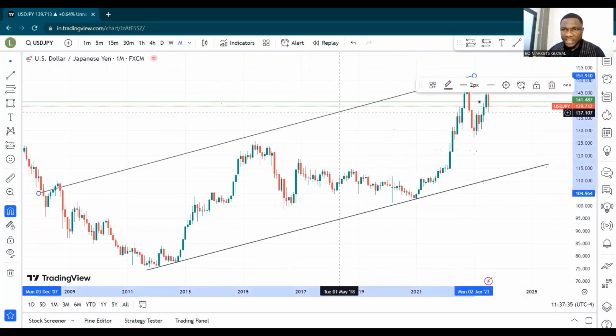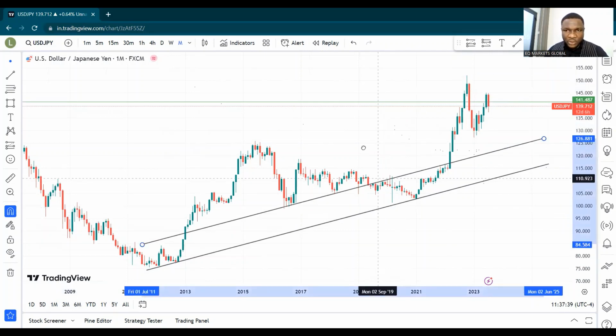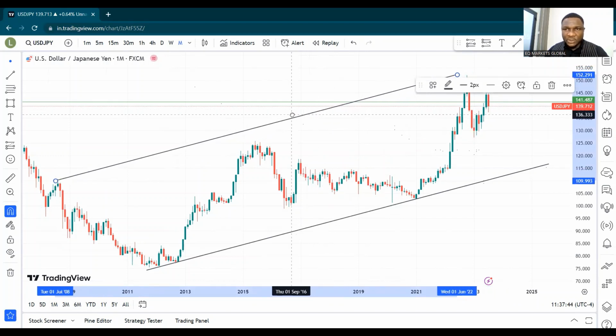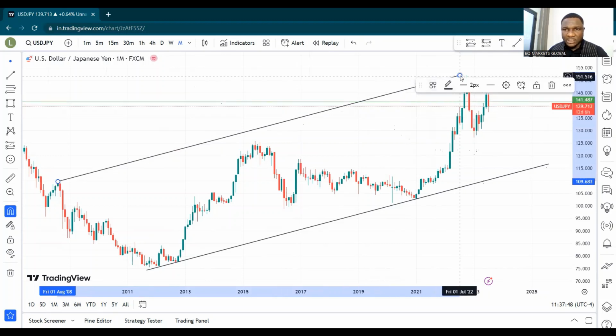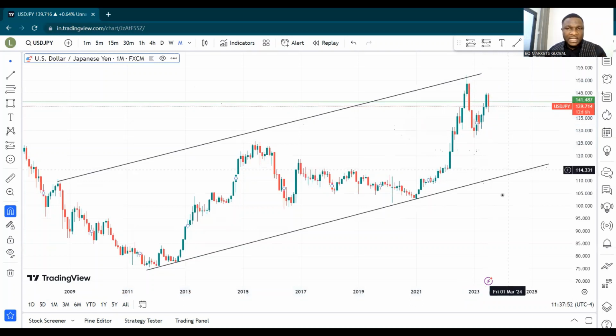So let me show you. I literally just duplicated this line, nothing else, nothing more, taking into cognizance these highs. That's all. Nothing so special that I did, rather than duplicating the line.